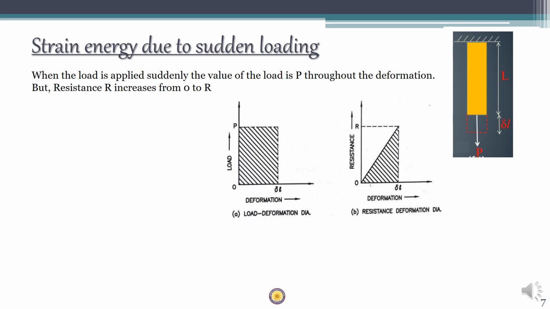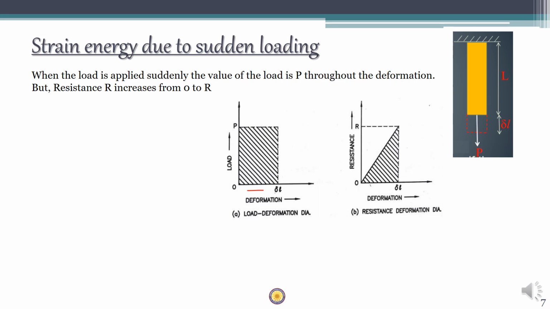Okay, so we have a rectangular load versus deformation curve. However, the resistance doesn't increase instantly to R. At time t equals 0, the resistance is 0, and it gradually increases up to a maximum value of R. That is when deformation is the final deformation, delta L, right?